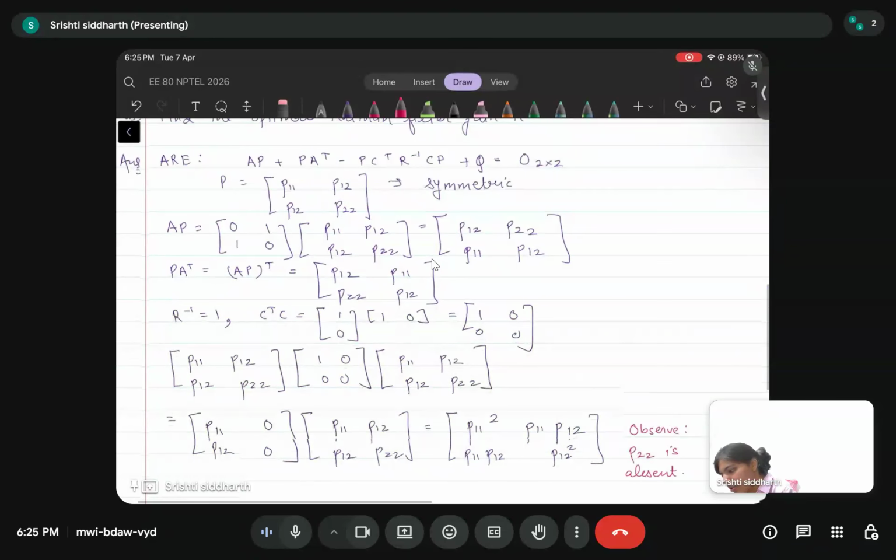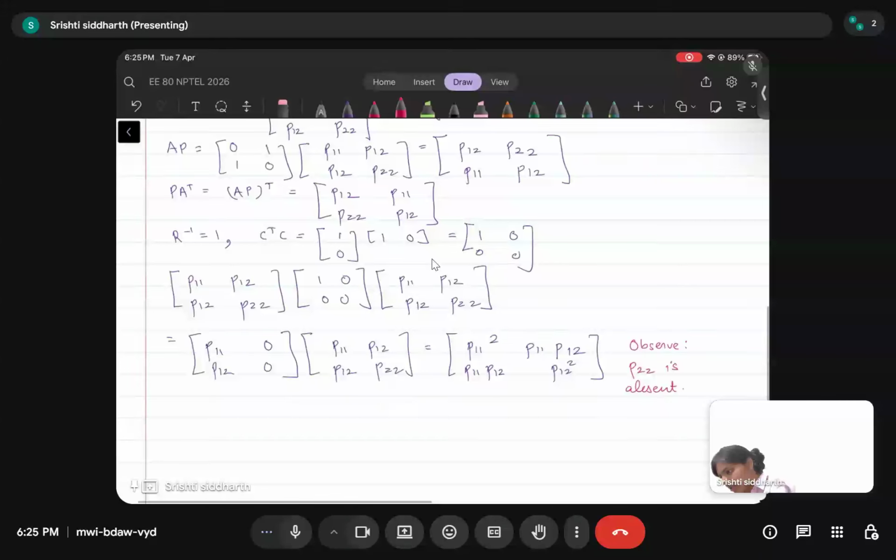Okay, so let's substitute. P22 is absent in the third term, but it's present in the AP and PA transpose terms. All right, so we have an equation for P22.